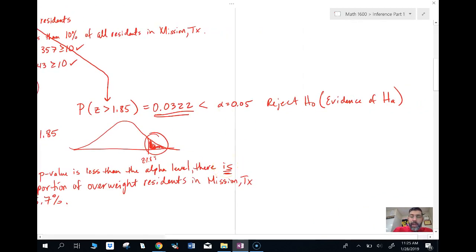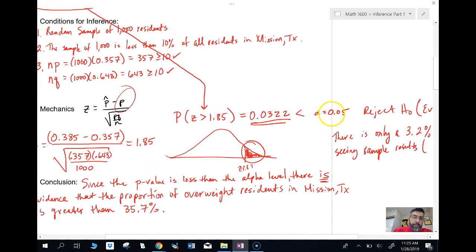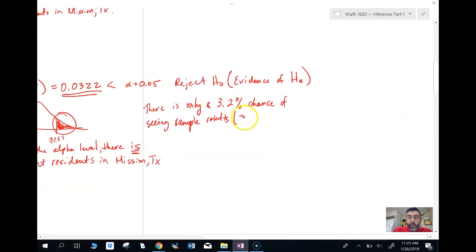I would say that there is only a 3.2% chance of seeing sample results, i.e., 38.5% overweight of 1,000 residents.